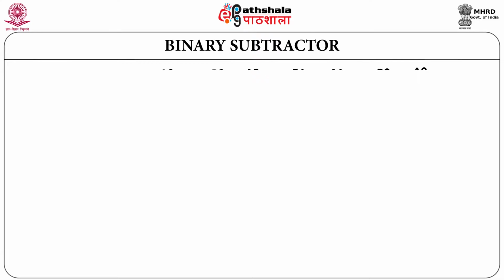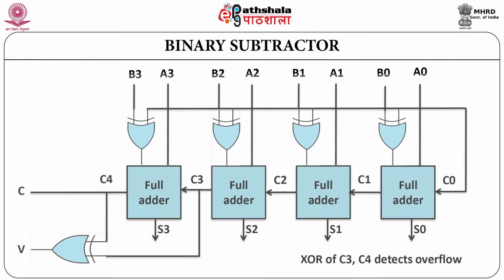A multi-bit binary subtractor is shown in the diagram. It again has the two 4-bit numbers to be subtracted. B0, B1, B2, B3 is the number from which A0, A1, A2, A3 is subtracted. So, 4 full adders are used.